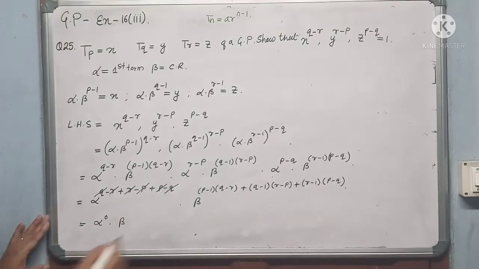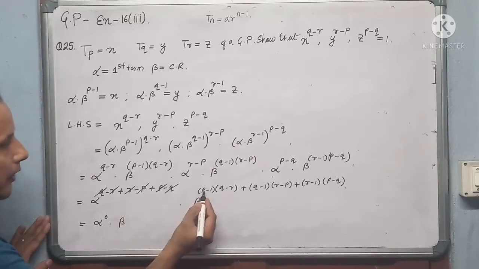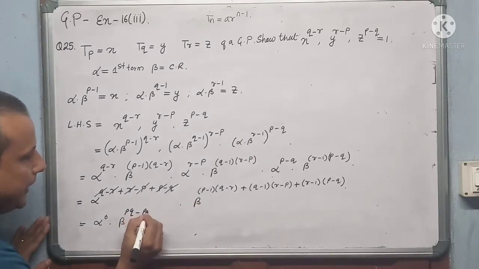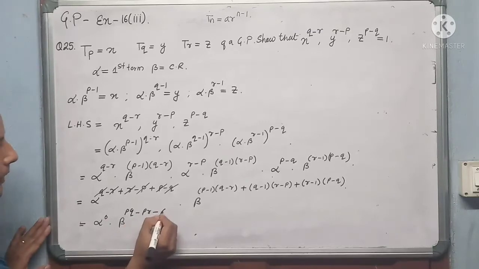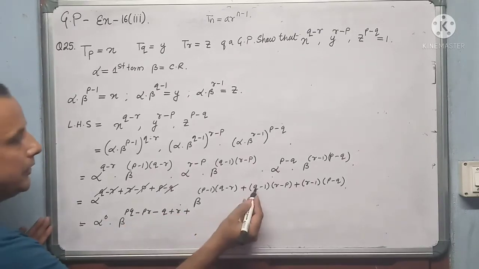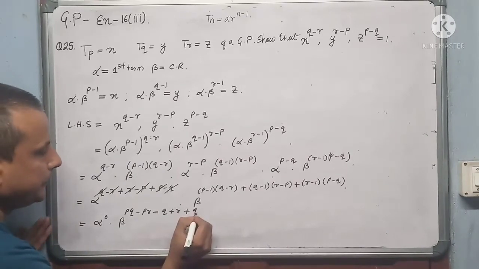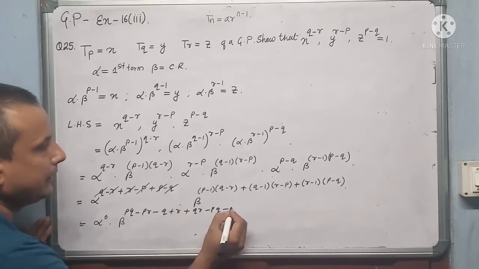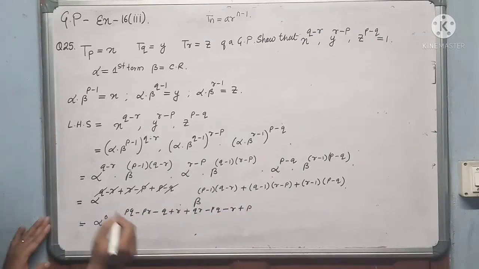Now the index of beta, I'll multiply over here. If I open these brackets, it will be pq minus pr minus q plus r, plus this multiplication qr minus pq minus r plus p.